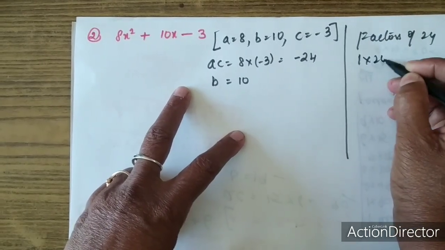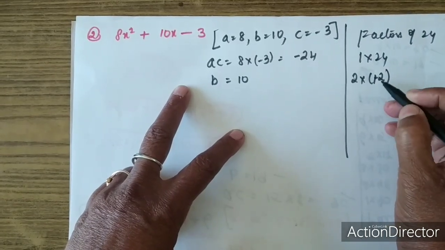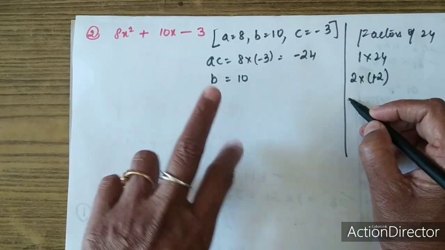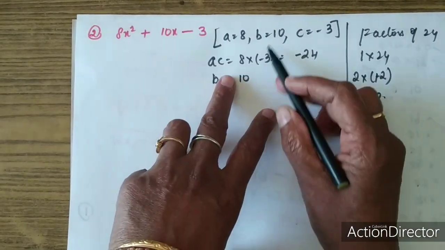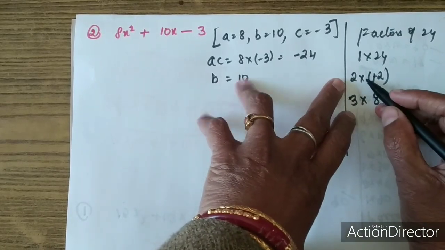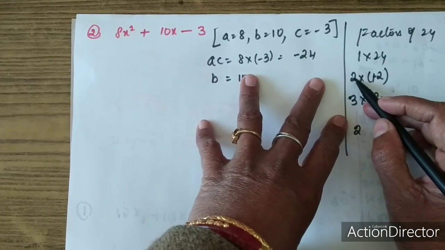1 into 24, 2 into 12, and 3 into 8. But I need a difference of 10. So I will take the two factors as 2 and 12, because 12 minus 2 is 10.